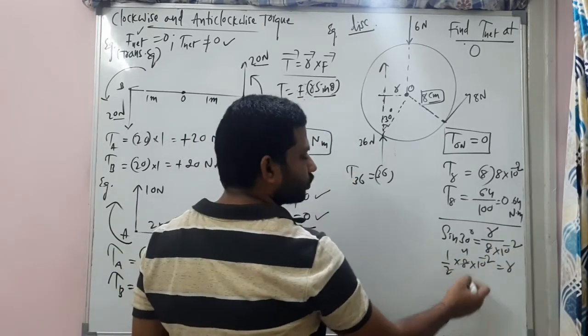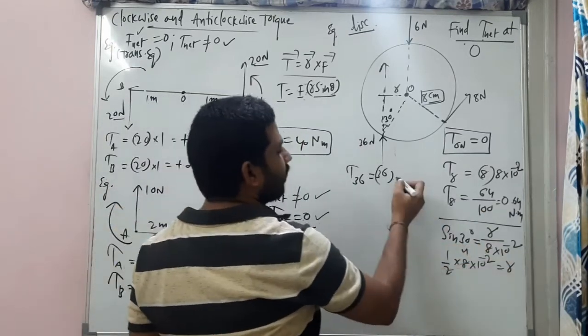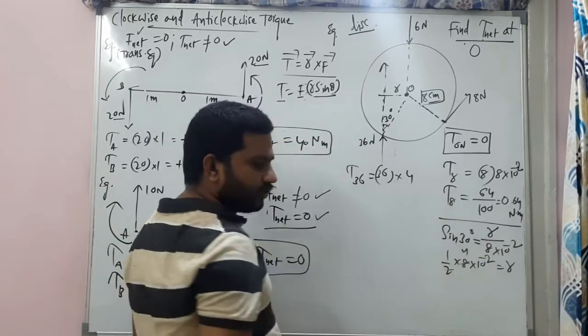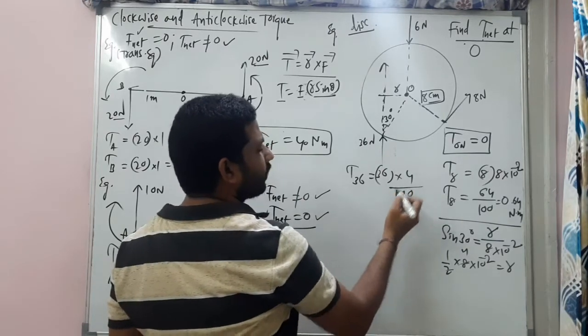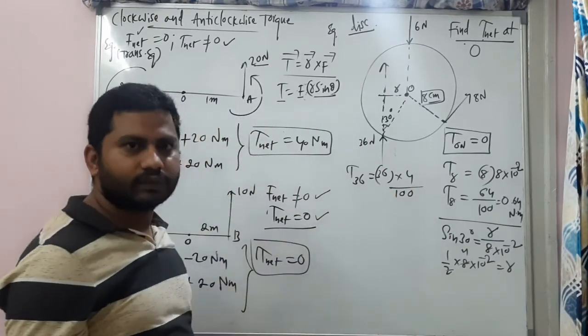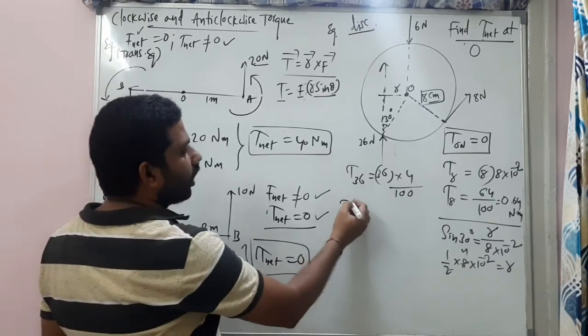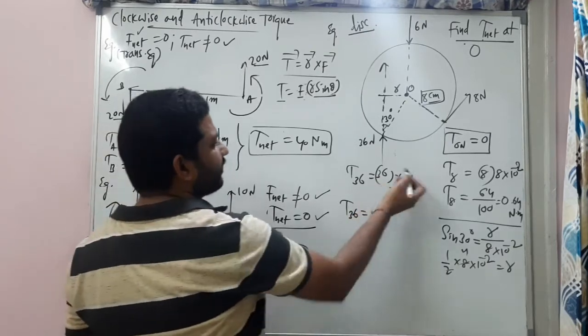So R is 4 by 100, that is 4 centimeters. Force into perpendicular distance: the torque due to 36 Newton is 36 into 4.